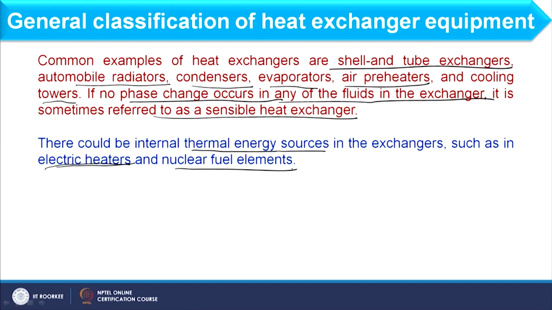What happens over there, we are not providing any hot fluid to heat the water. So, how is water heated up? Using some coiling inside the unit, or some hot plate. So, sometimes we also use internal thermal energy sources to transfer the heat.